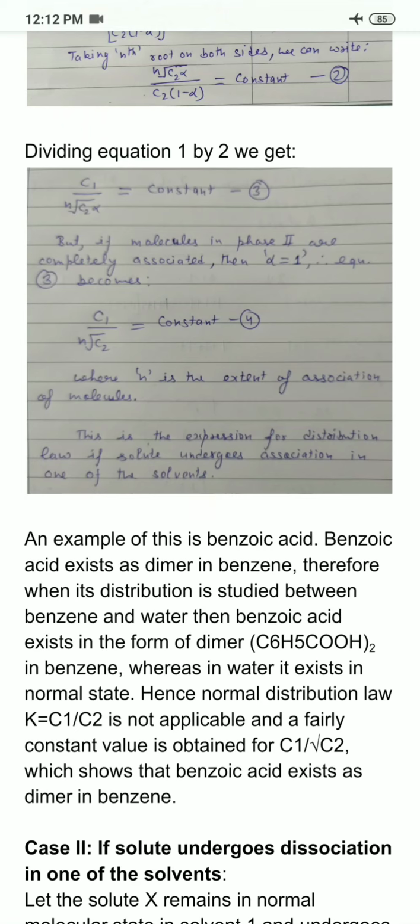This shows that benzoic acid exists as a dimer in benzene. So this is all about the modification of distribution law when the solute undergoes association in one of the solvents.